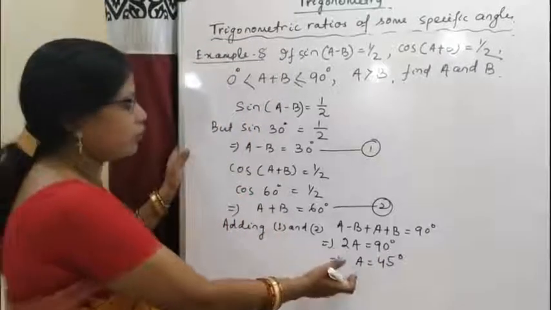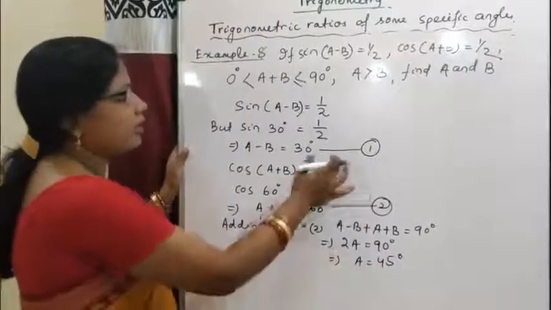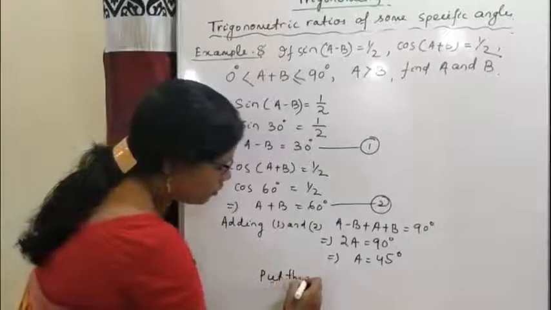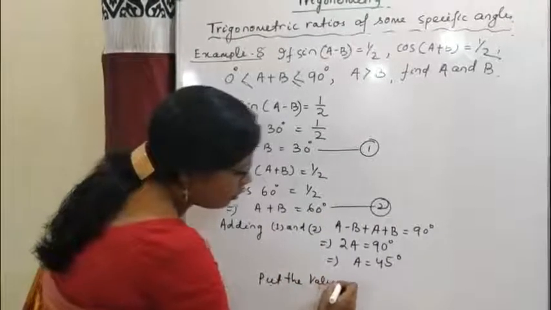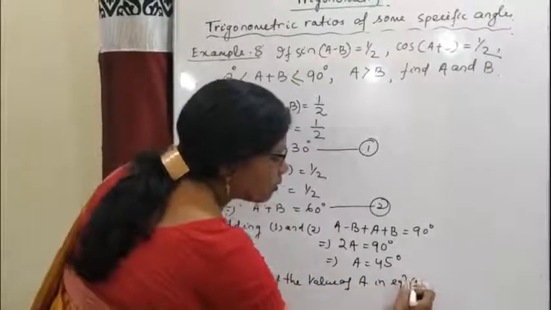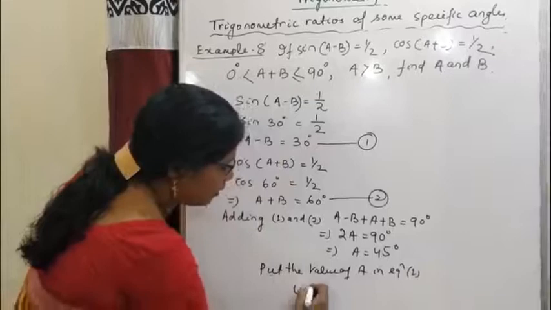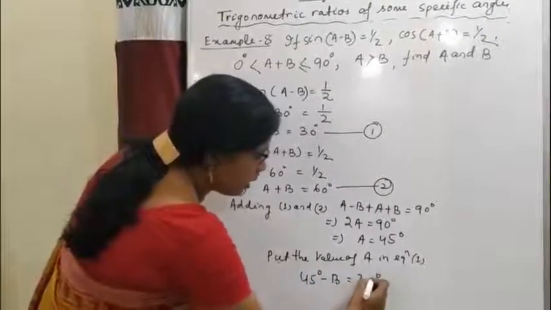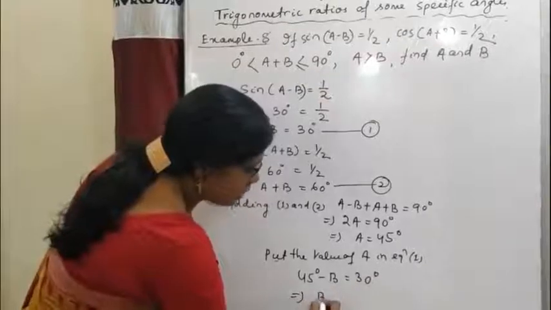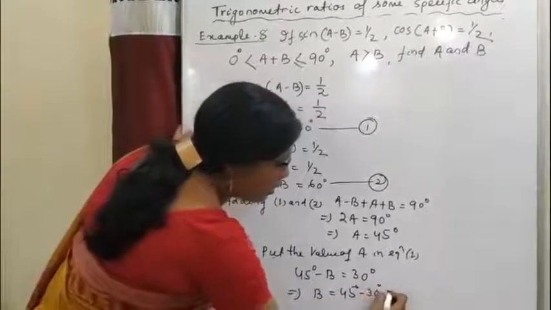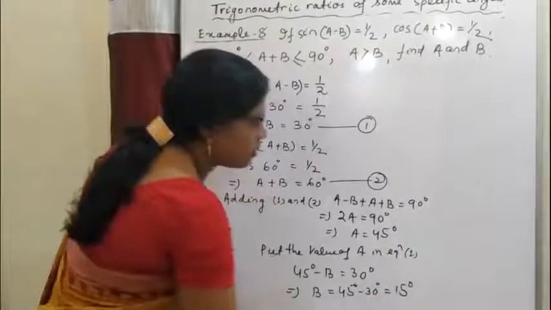If we put the value of A in equation 1, that is 45 degree minus B is equal to 30 degree. So this implies B is equal to 45 minus 30, which is 15 degree.